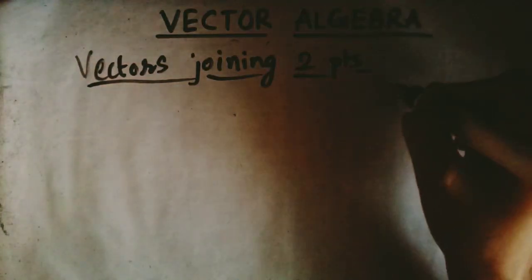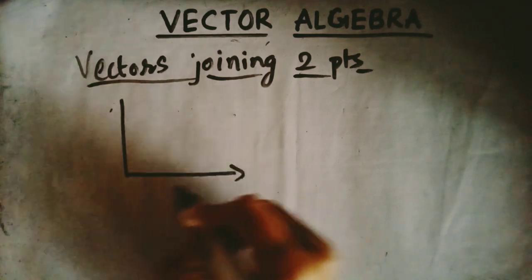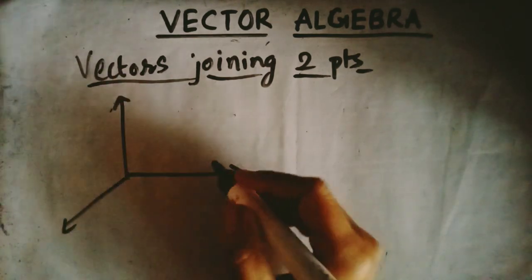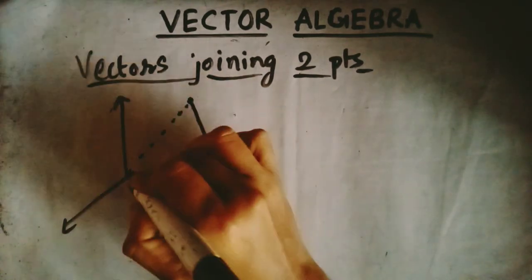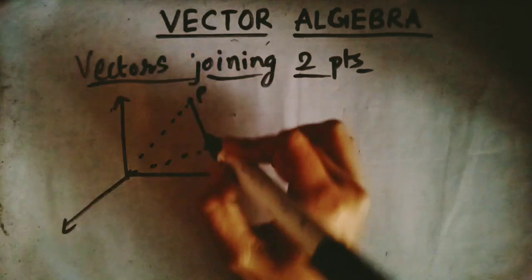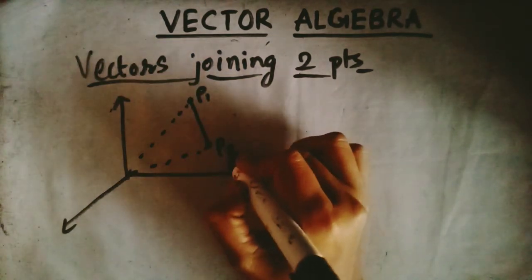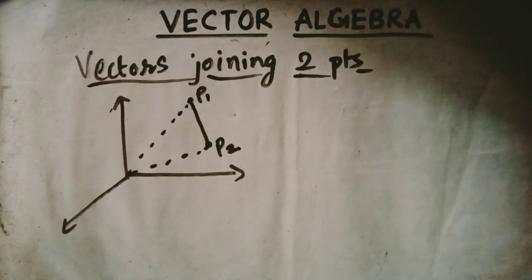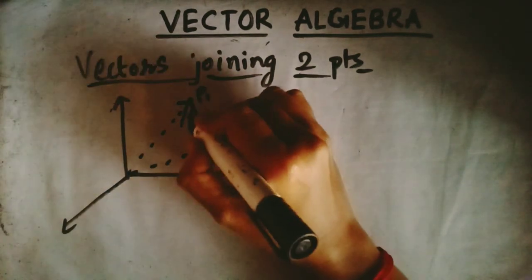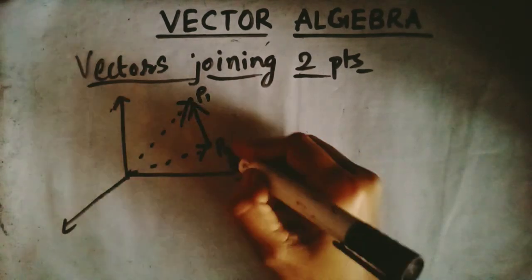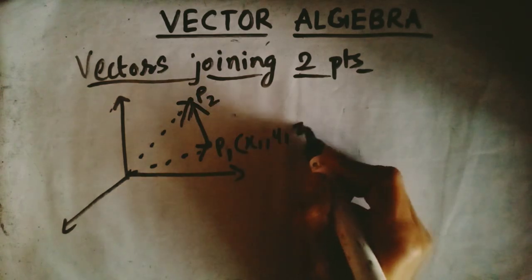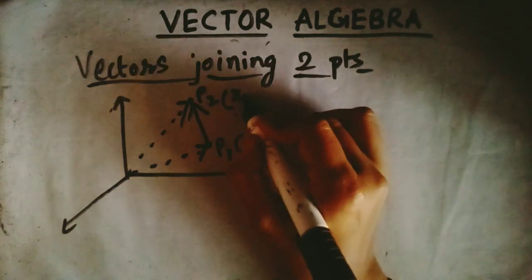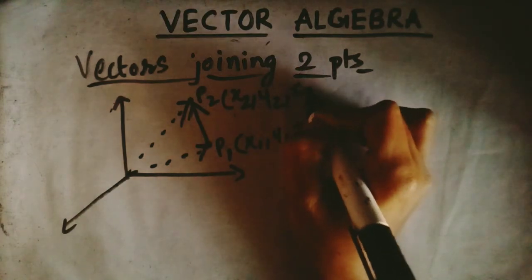Suppose in 3D, that is in 3 dimensions, we have 2 points, P1 and P2, from P1 to P2. The coordinates of these are x1, y1, z1, and the coordinates of these are x2, y2, z2.